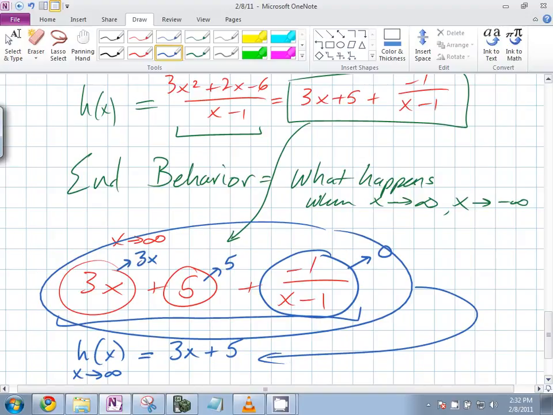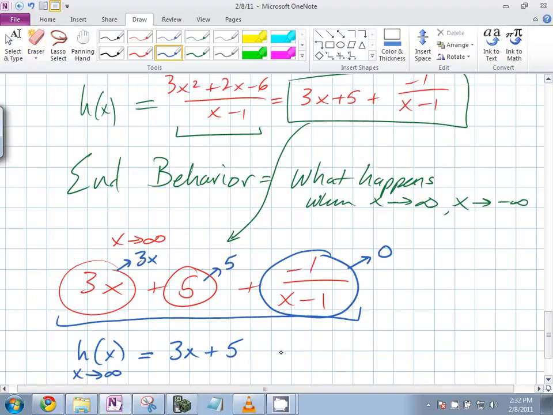As x gets huge, the function looks more and more like 3x plus 5. Why? Because this term right here becomes less and less important. What happens to this term? It gets closer and closer to 0. But this always stays 5, and this always stays 3 times the value you're plugging in. But as x gets bigger, this last term goes to 0.